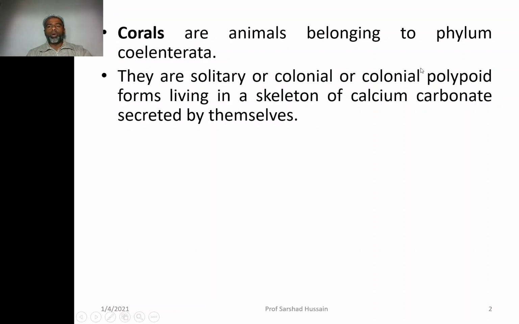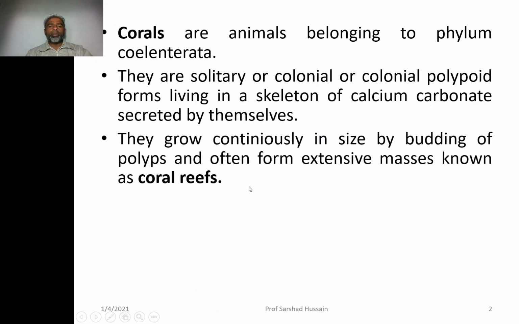They may be polypoid, living in skeleton of calcium carbonate. So calcium carbonate is secreted by themselves outside their body. They live inside this skeleton, and they are coelentrates, either solitary, colonial, or colonial polypoids.